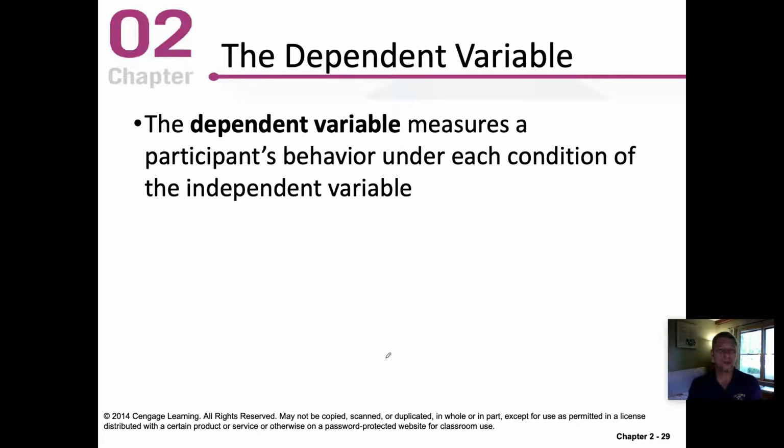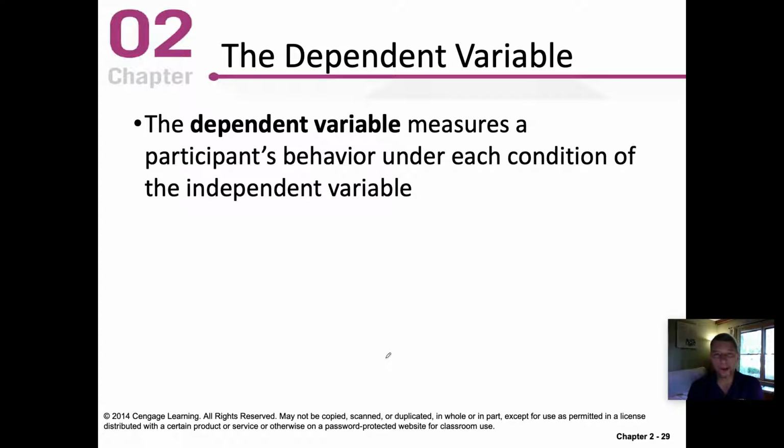So the dependent variable measures a participant's behavior under each condition, condition A, condition B, condition C of the independent variable. So again, it's what you are measuring there.